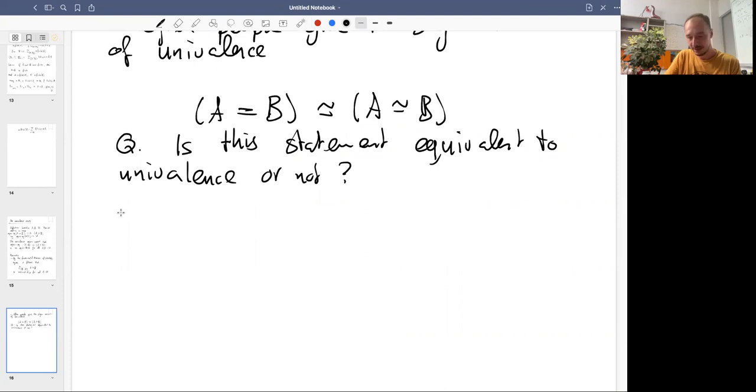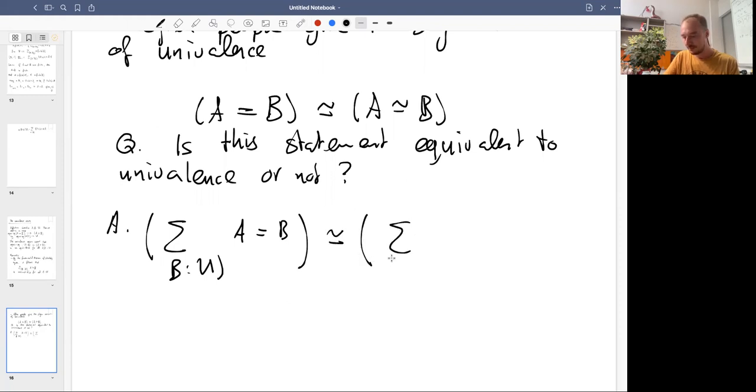If we have such a family of equivalences for every A and B, so we just know this, and we don't know that REFL goes to the identity function, then we still obtain that the type sigma B in U, A equals B, is equivalent to sigma B in U, A is equivalent to B. If we have such a family of equivalences indexed by A and B, then it induces also an equivalence on the total space. That is something that's always true.